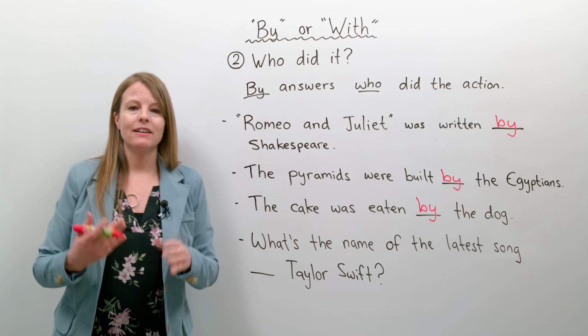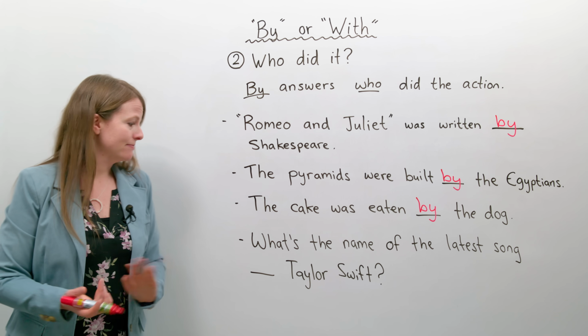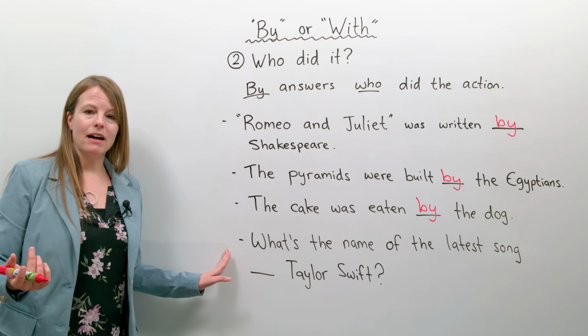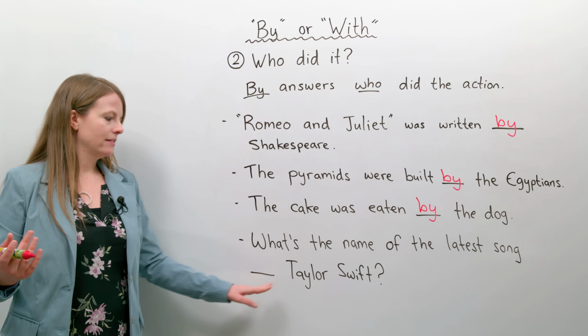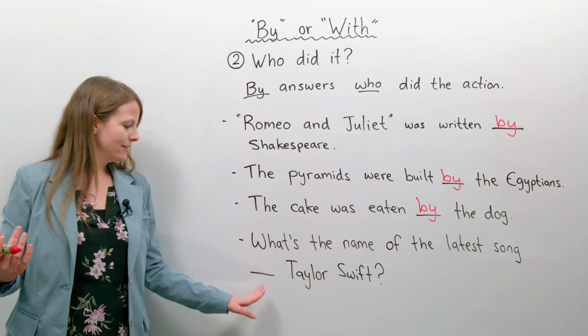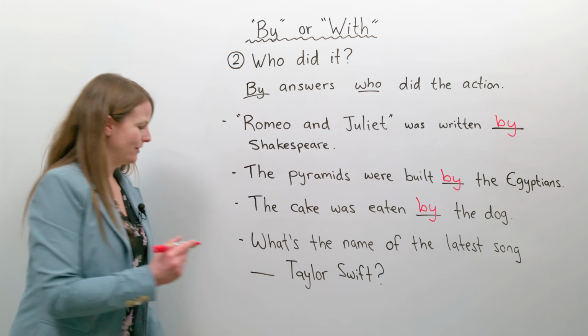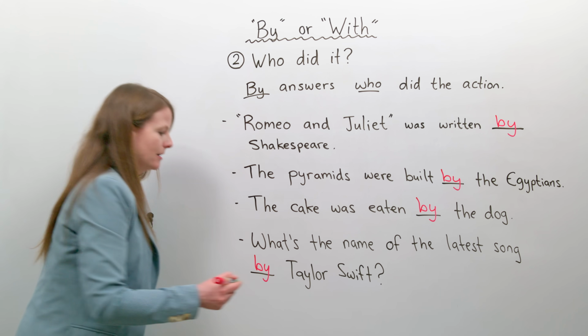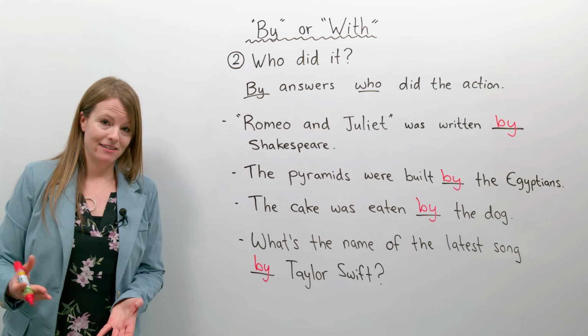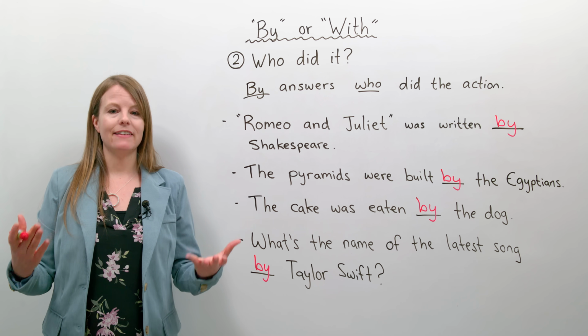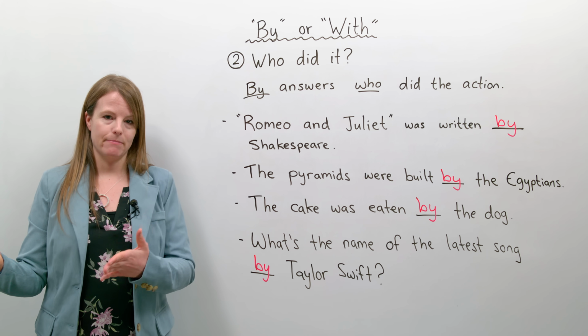Shakespeare. So I want you to try to do the next one. What's the name of the latest song by Taylor Swift? What do you think goes here? Okay, if you said by, you're correct. So we use by when we're saying who did something.